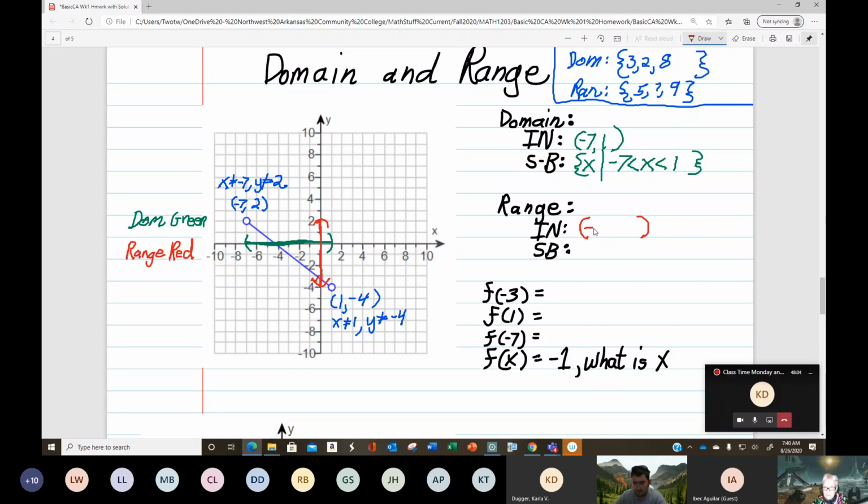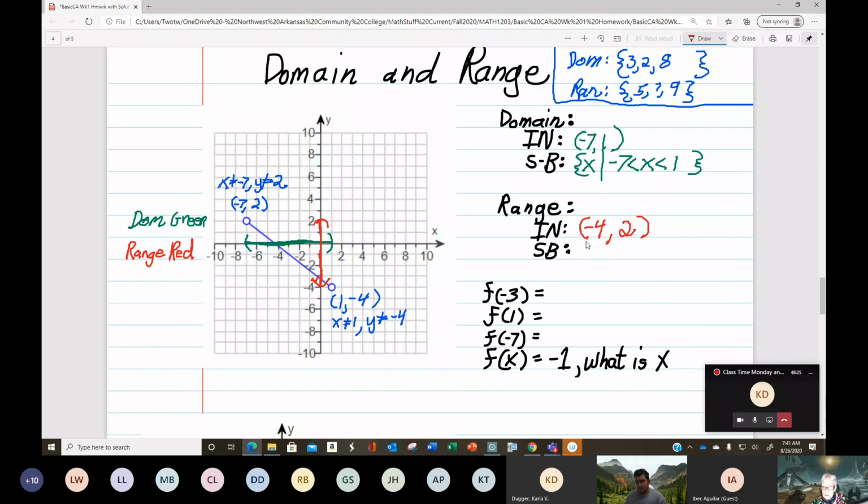So from -4 to +2. And the y's equal all of these little decimals and fractions and integers on there between -4 and 2, but not including -4 and 2.